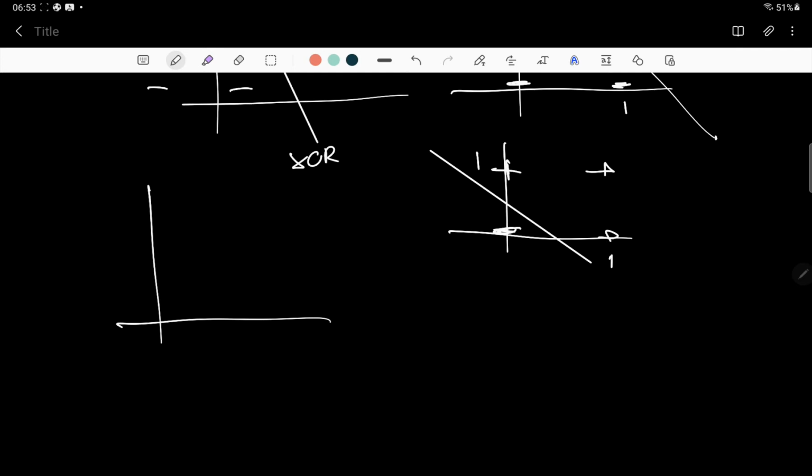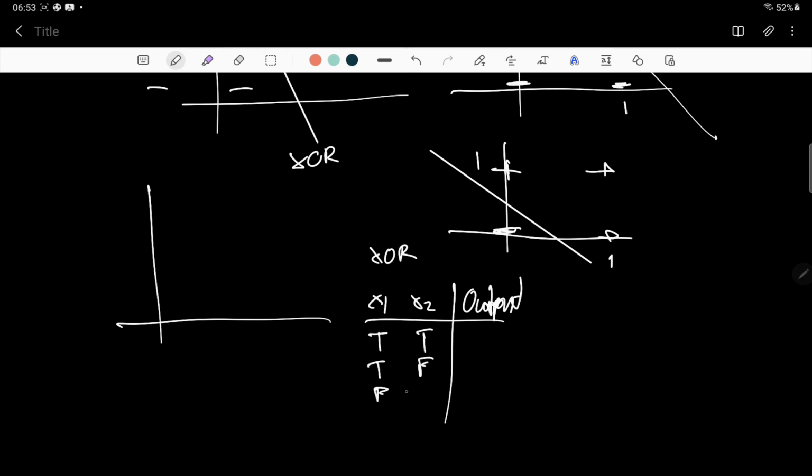What is the exclusive OR? This is a truth table of exclusive OR. If you have x1 and x2, and this is an output. For x1 and x2 in the case of exclusive OR, true and true, true and false, false and true, and false and false.